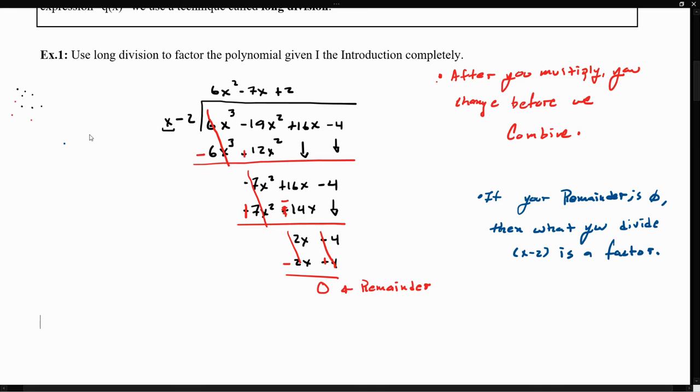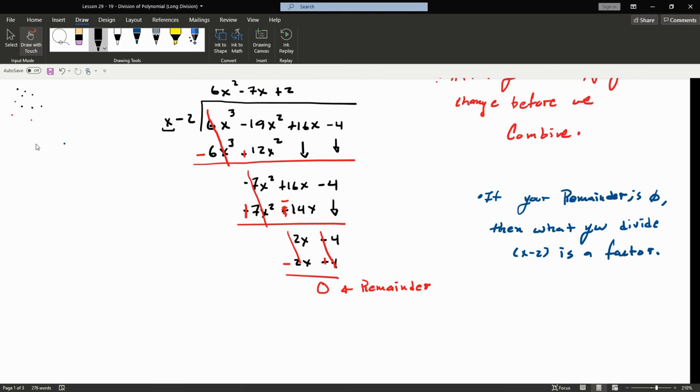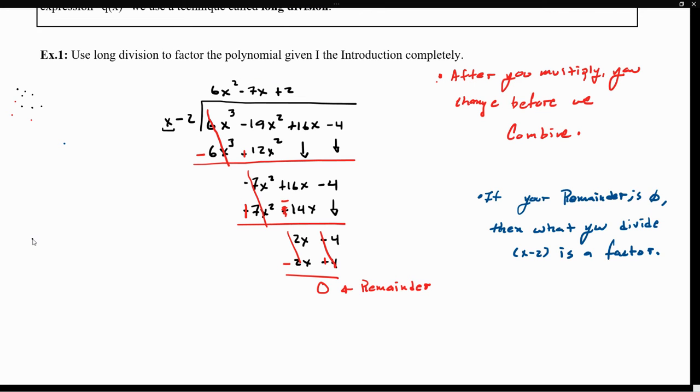And this is something that we were expecting because we already knew that x minus 2 was a factor. So therefore our remainder is equivalent to 0. So now if we come back to what we initially stated, now we can say that f of x is equivalent to x minus 2 times the expression that we end up with here on the top, 6x squared minus 7x plus 2.